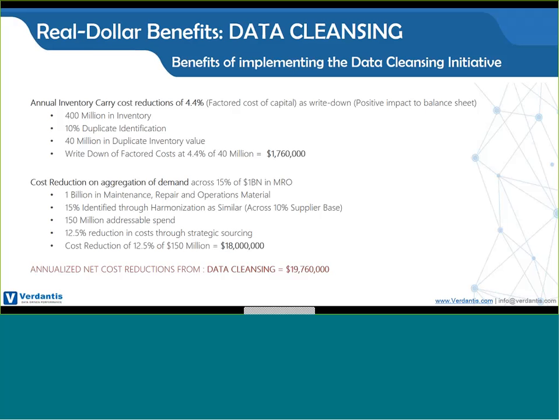Their cost reduction through strategic sourcing of buying on contract versus not on contract was roughly 12%, whereas Gartner and people like that will tell you it's 18%. But at any rate, the number they came up with for cost reduction by aggregating spend through strategic sourcing from their supply base was another $18 million.